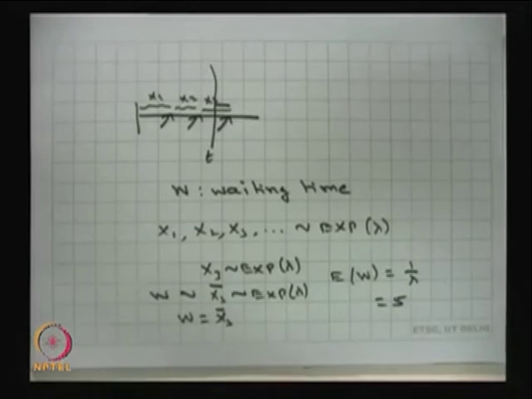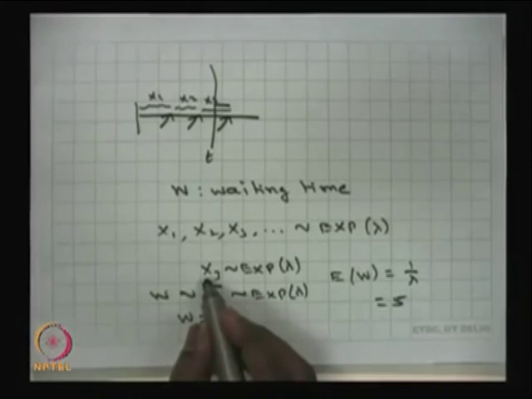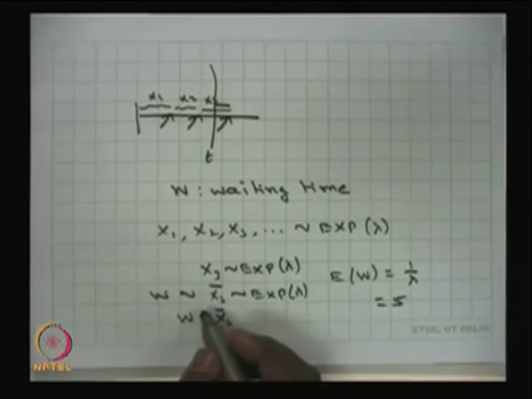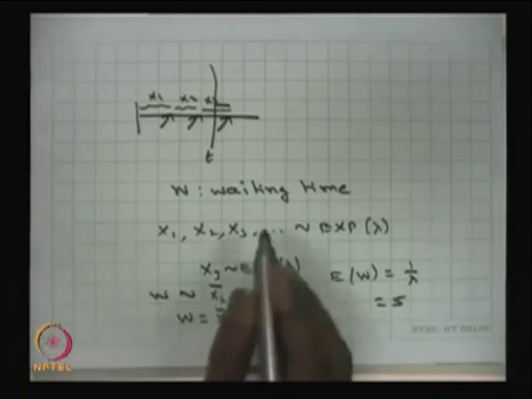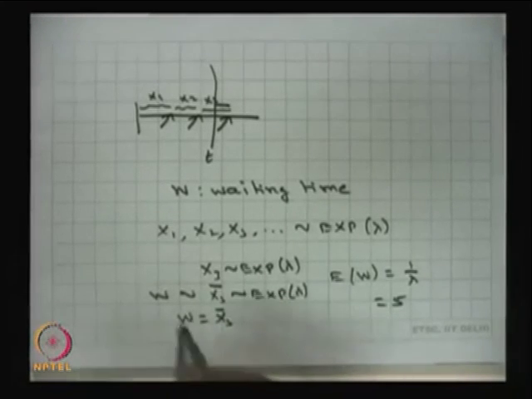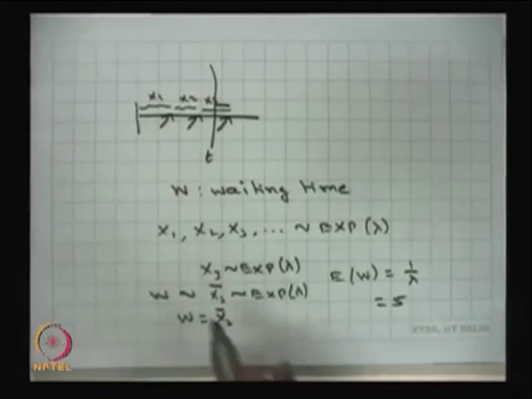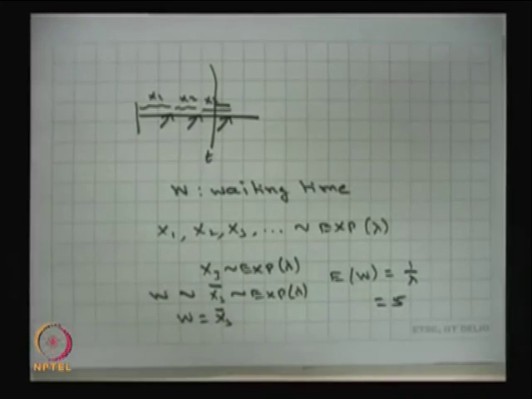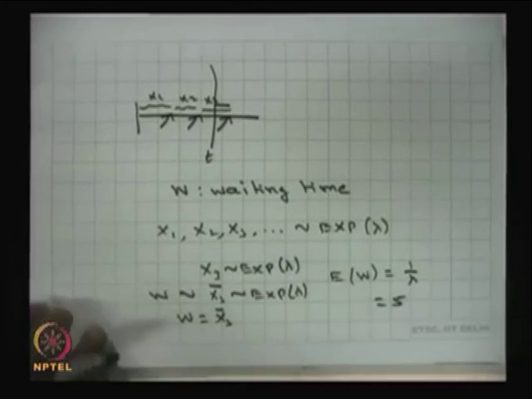Because of the clue given, the mean interval between the buses is 5 minutes, the average of x is equal to 5 minutes. That is the same as your waiting time, because it is exponential distribution, and the residual is also exponentially distributed, therefore you can use the same value. The average waiting time is going to be 5 minutes.